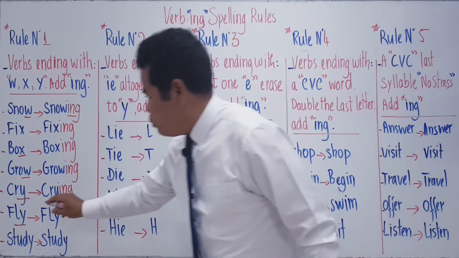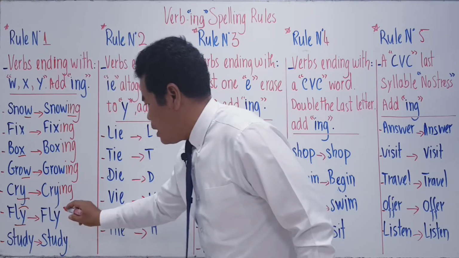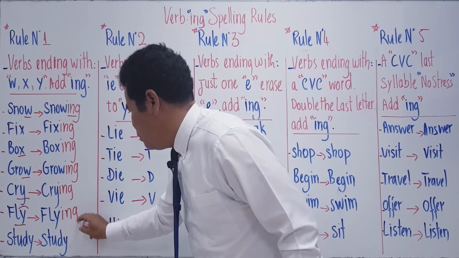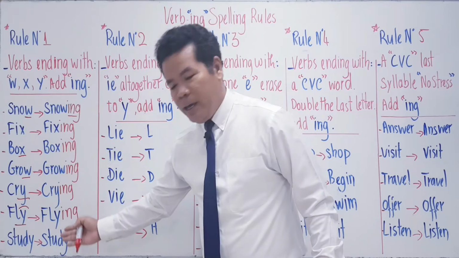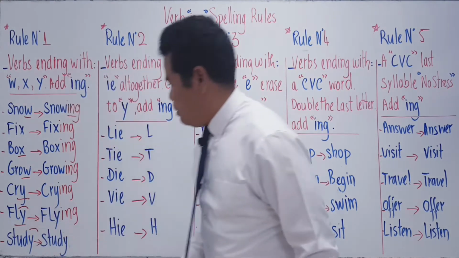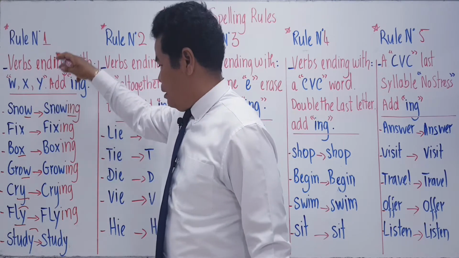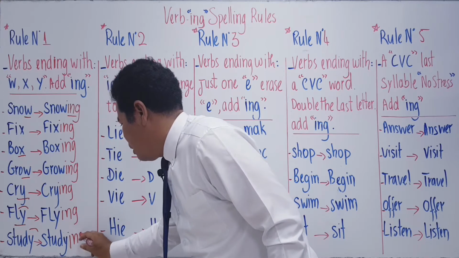Fly, we got Y at the end of the verb, and you are going to add only ing. We have flying, right? How about study? Y at the end of the verb. So Y is one of the three in rule number 1, so we have to add ing.